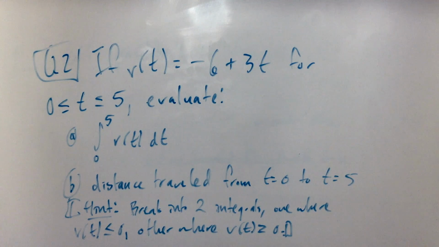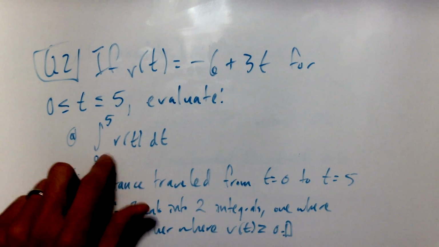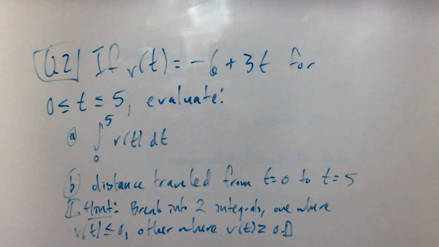I gave you the formula for doing that in the previous example, which was just put the absolute value bars around v of t. But to actually evaluate this, here's a hint: break the integral into two integrals, one over an interval where the velocity is negative, the other where the velocity is positive.